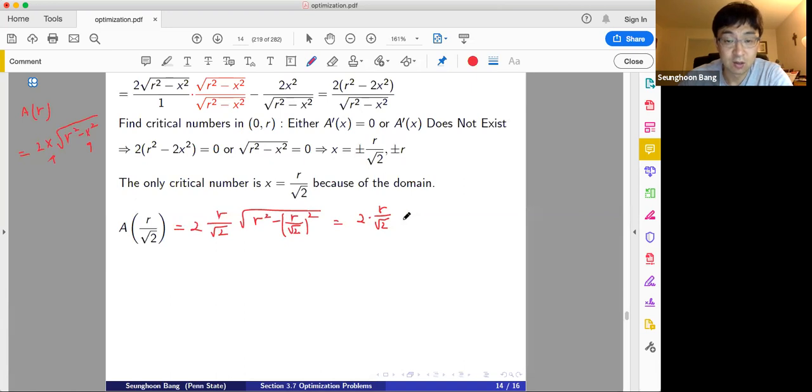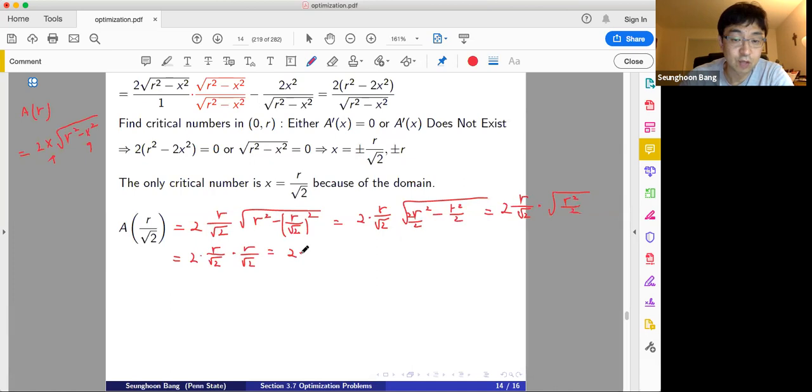The square root of r squared minus r squared over 2, so r squared is 2r squared over 2, subtract, gives the square root of r squared over 2, which is r over root 2.